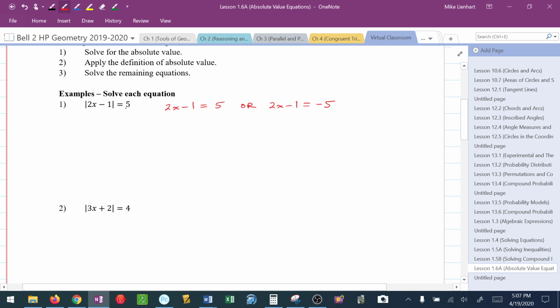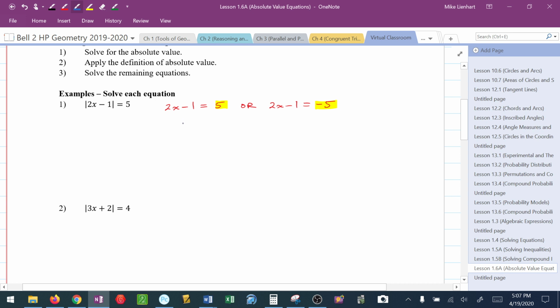All right? So in other words, we know that 5 and negative 5, if you take the absolute value of either one of them, you get 5 for an answer. We're trying to figure out what makes 2x minus 1 equal to 5, or what makes 2x minus 1 equal to negative 5. Now, we solve each of these separately.